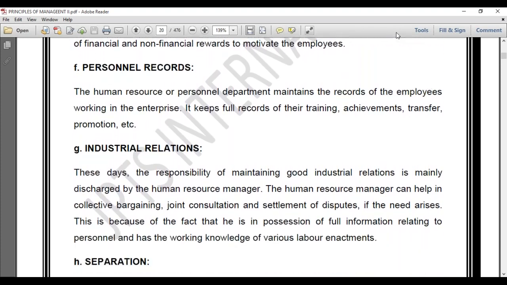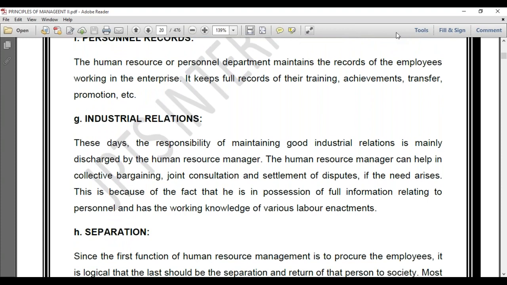From there, we look at industrial relations. Here we are interested in the responsibility of maintaining a good atmosphere, good industrial relations, and a harmonious relationship in the workplace. The employees have to be on good terms with one another. They don't need to keep malice in the office space. They don't need to quarrel.